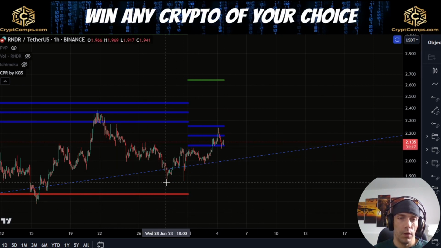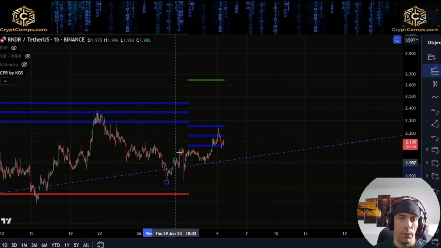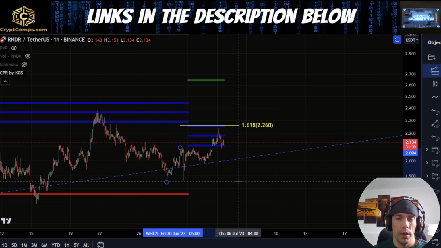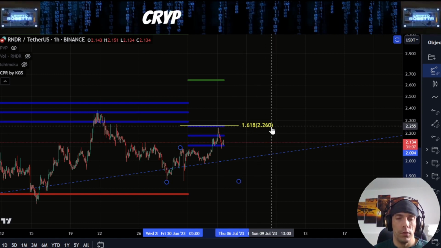If we were looking at the current structure, what I would want to see for more confidence that we're going to be breaking to the upside would be first moving above this $2.26.